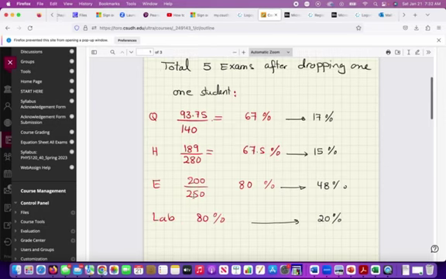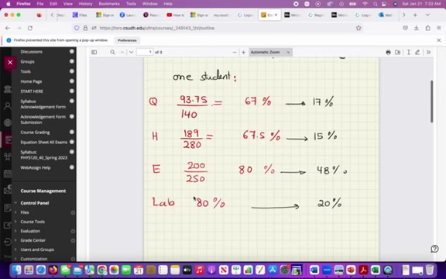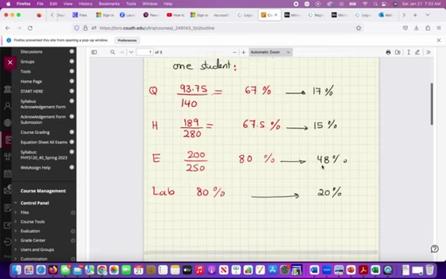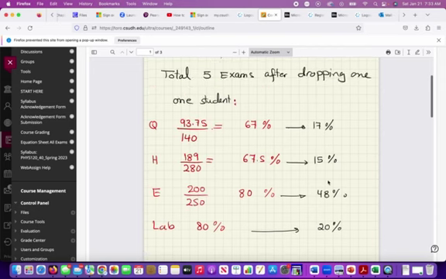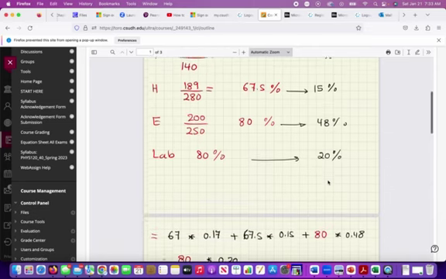For the exams, 200 out of 250, that is 80%, and for the lab, 80%. These are the percentages, the weights for the assignments stated in the syllabus. Okay, 17% for the quizzes, 15% for homework, 48% for exams, and 20% for lab.